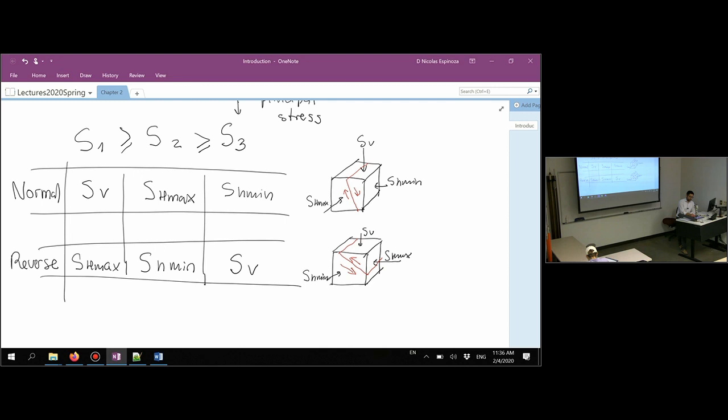What is above the fault is called the hanging wall, and that will move down with respect to what is below the fault, which is called the footwall. And that's what is called a normal fault movement. When the opposite happens, the hanging wall moves up, which is contrary to gravity, right?